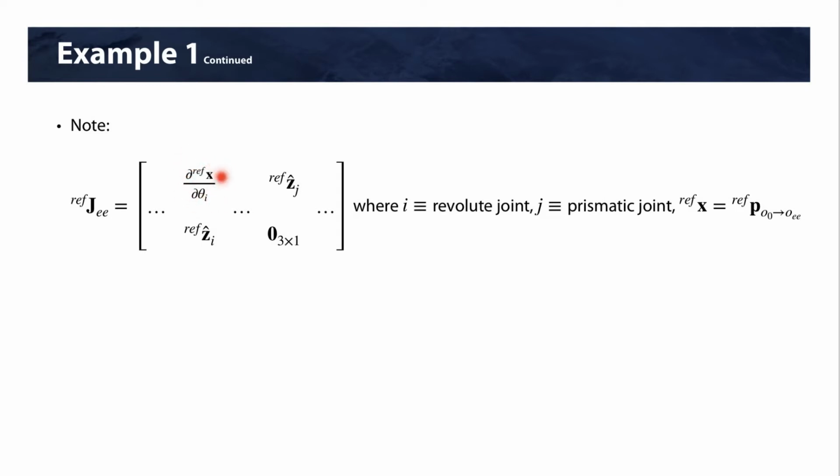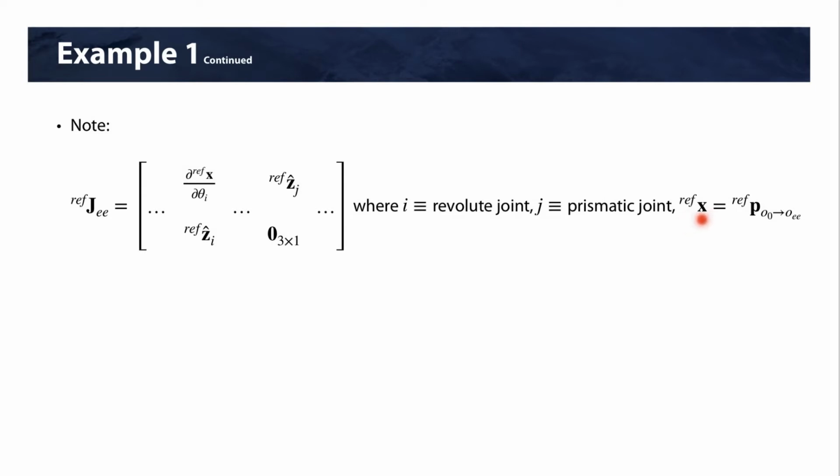That gives us our translational component, and then our angular component is simply the joint direction. If the jth joint is prismatic, we just need the translational part, which is from the joint direction, so it's here, and there's no angular component, so it's a zero vector here. We use this formulation for revolute joints, and this formulation for prismatic joints.